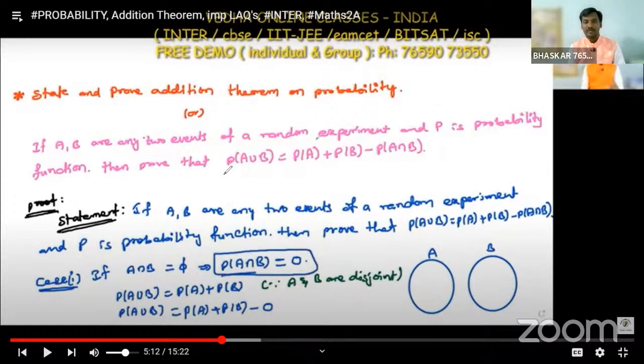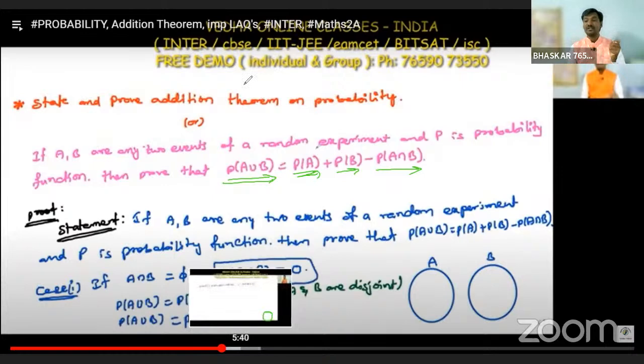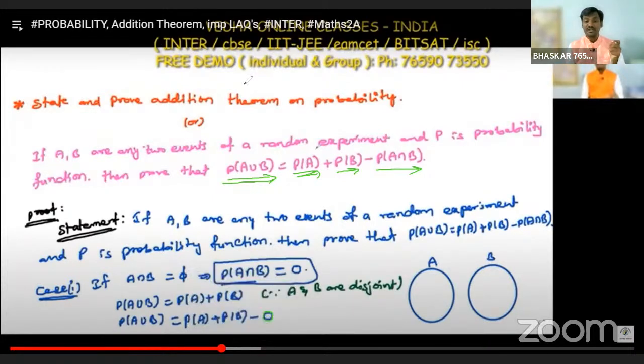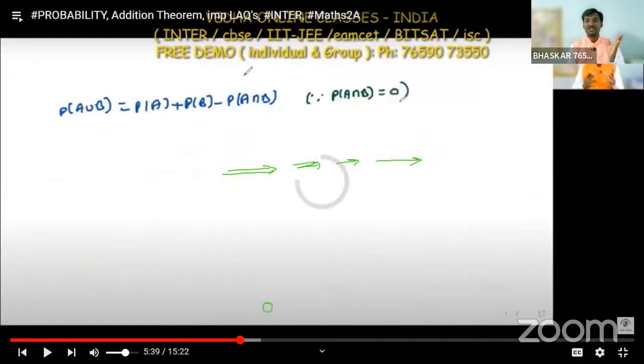What we have to prove? Probability of A union B is equal to probability of A plus probability of B minus probability of A intersection B. Okay, so that means we are simply writing 0, and in place of 0, writing the probability of A intersection B. So it is only, okay, the required proof. Okay, this is the case 1.